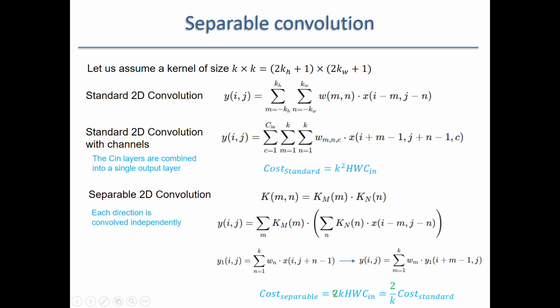And we still have the number of channels, with the same cost there. The ratio between these two is 2 over k: the cost of separable is 2 over k times the cost of the standard. So it is much cheaper, especially for big kernels. If you can construct separable kernels, then with these networks you can do whatever you want.